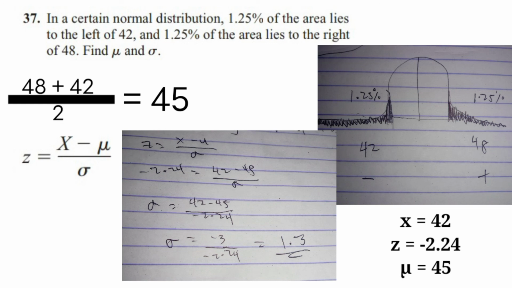To simplify, we will have standard deviation is equal to 42 minus 45 divided by negative 2.24. It will result in negative 3 divided by negative 2.24. So the final answer will be 1.3. So in this question, the standard deviation is 1.3 and the mean is 45.